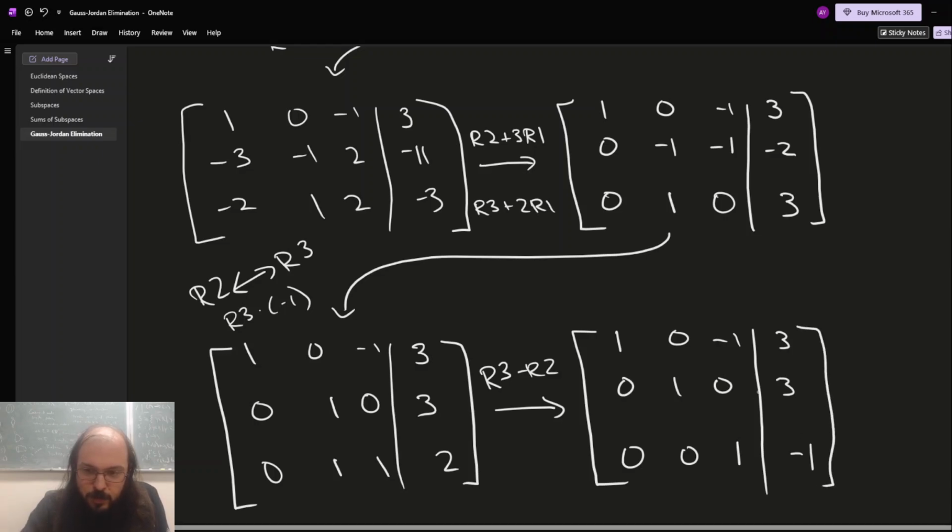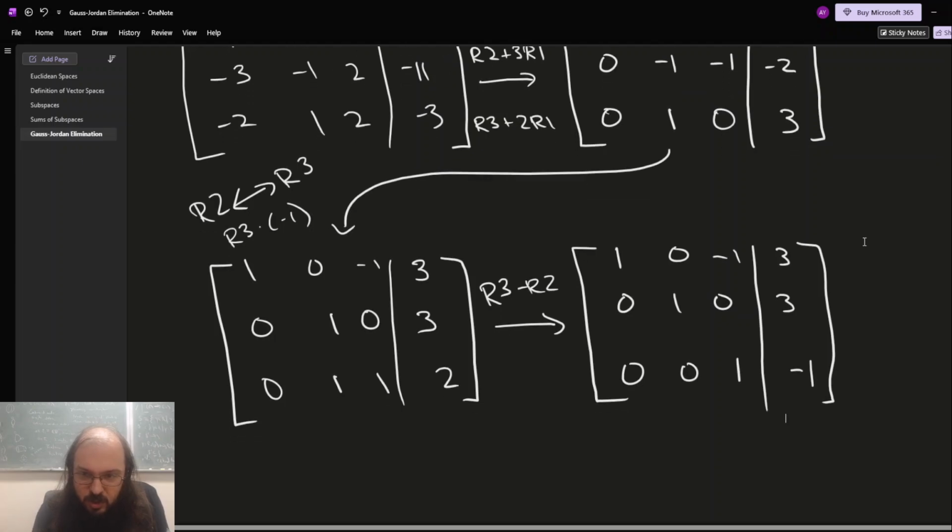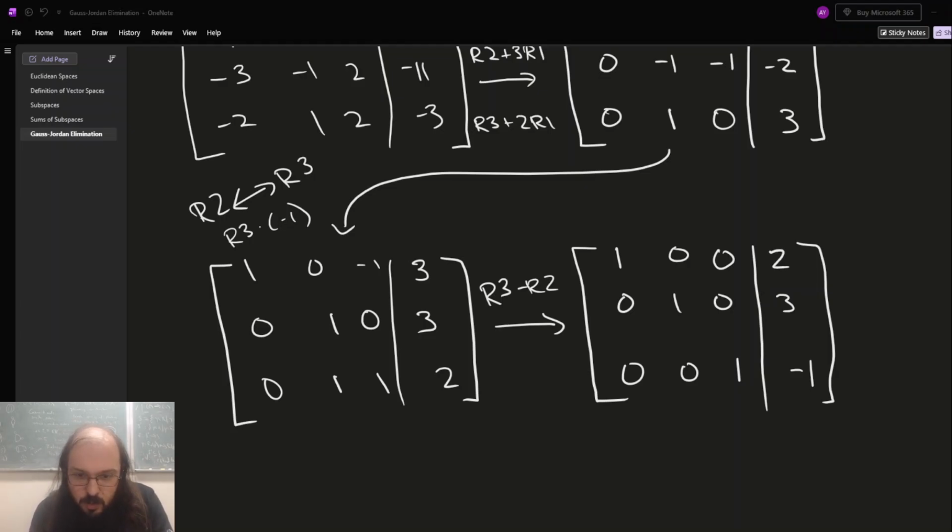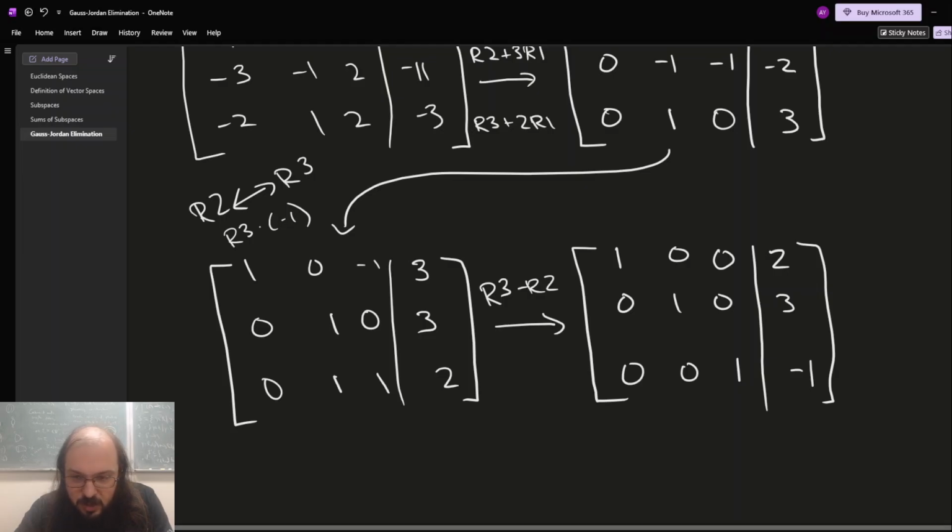And there, properly speaking, there is one last thing to do, which is take that leading 1 and finish. Let's just do this right here. Make this a 0. And then I'm adding -1. So this becomes 2. Okay, and so if I did this right, then this should satisfy the original equations.